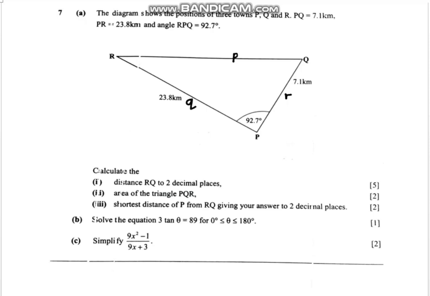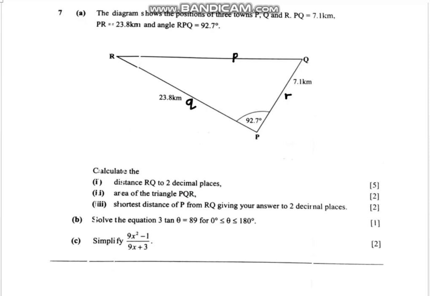For example, the side RQ is opposite to angle P, which is a capital letter there, and the side PQ is opposite to the angle R, which is also a capital letter, and the side PR is opposite to the angle Q. So we use these denotations.